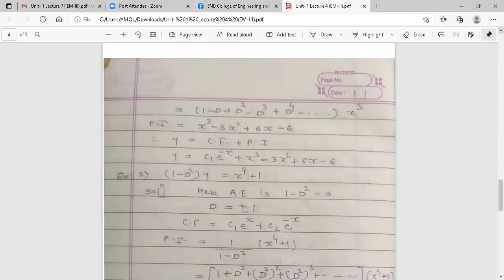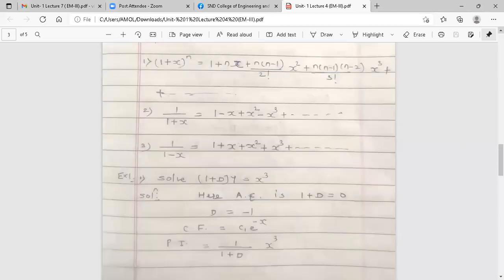So now, to find the PI of an exponential function, you always try to reduce your denominator term phi of D into either 1 plus x form or 1 minus x form, so that you can use the series for 1 upon 1 plus x or 1 upon 1 minus x.